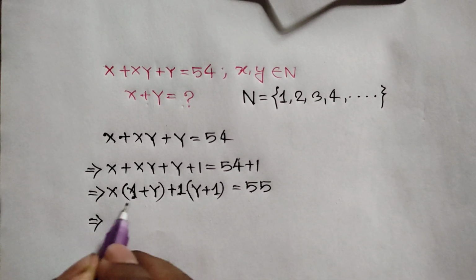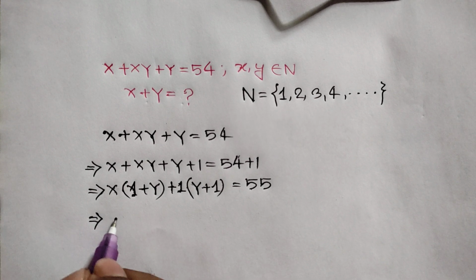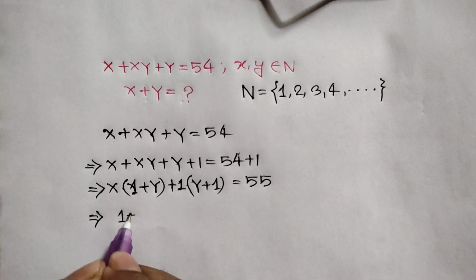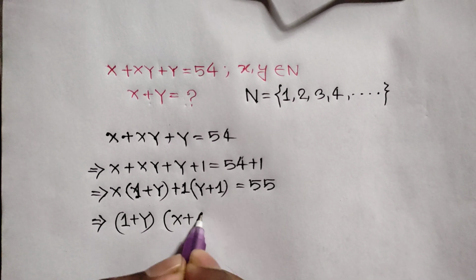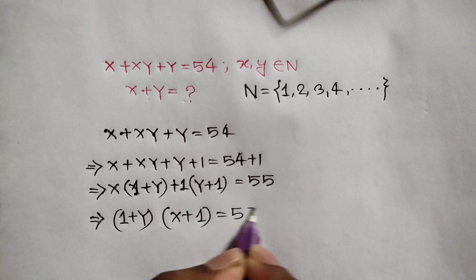Or taking common (y plus 1), we will get (1 plus y) times (x plus 1) is equal to 55.